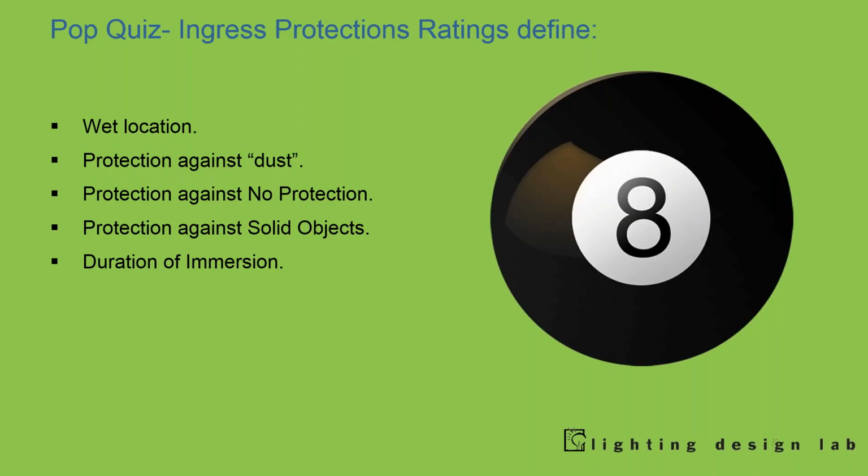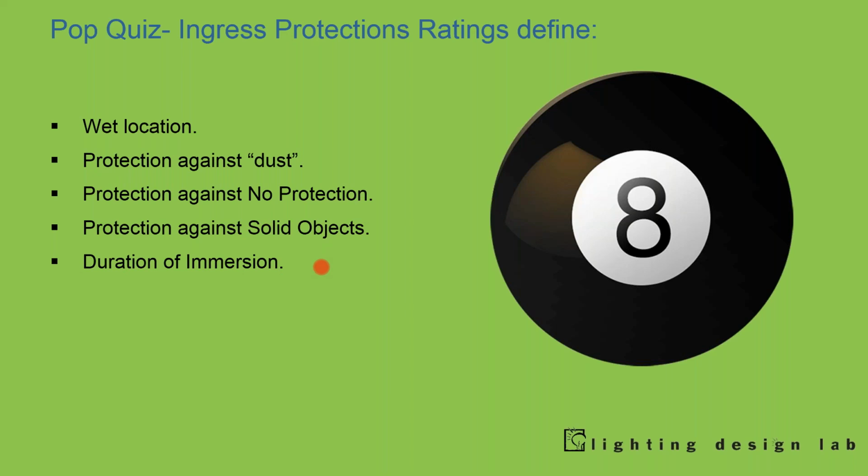So wet location is actually a UL listing, although the IP ratings do address liquids. The dust, of course, is one that they refer to. They do have a no protection rating, so that would be a 0. So in theory, you could see that. Solid objects, again, are dust. And then duration of immersion, they talk about.